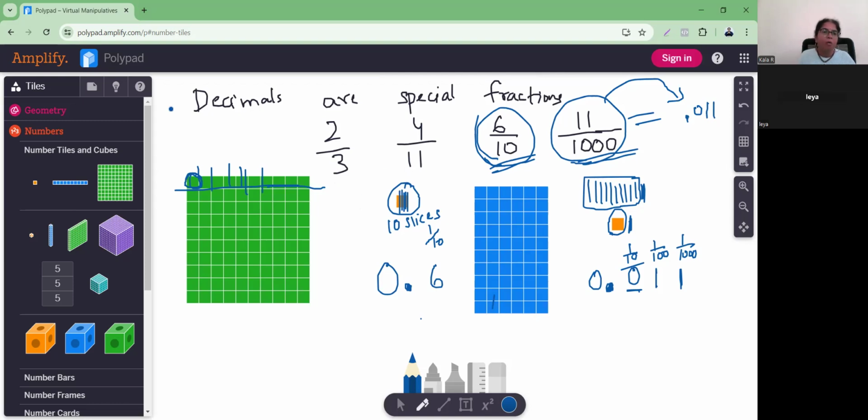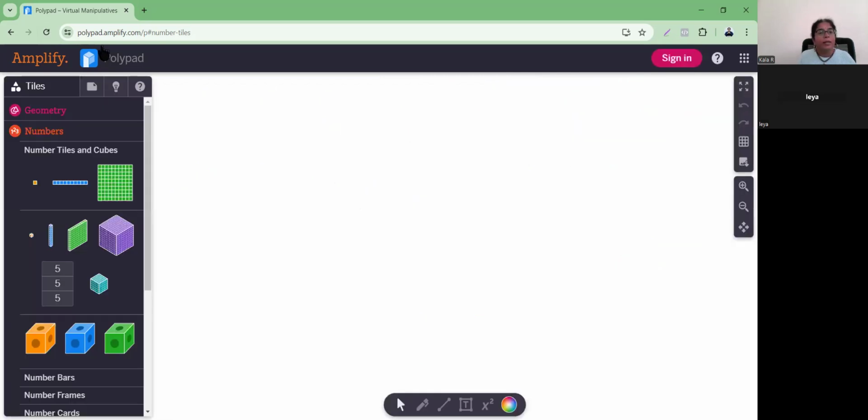How to change any fraction into a decimal? That's what we will see. If I say decimals are fractions, then I should also know how to change any fraction into a decimal. Let's take a fraction 2/5. Now, how should I show it as a decimal? We know decimal means 5 cannot be there in the denominator.